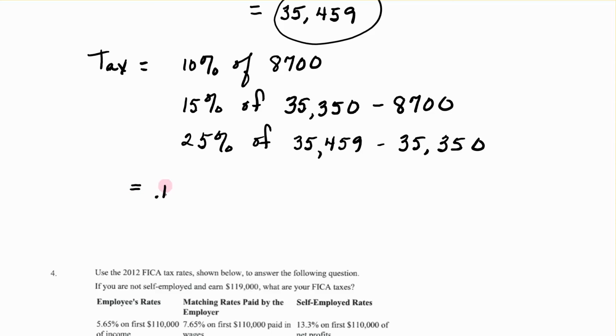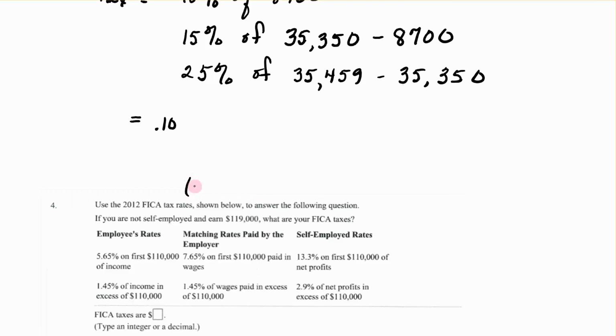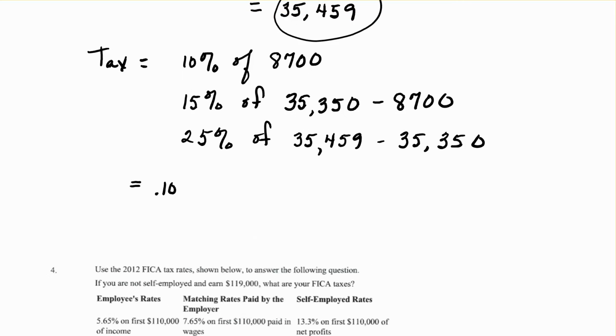10% is 0.10 times $8,700, plus 0.15 times any money that you earned between those two amounts. And since my calculator's so good, I can type this in virtually as a formula.